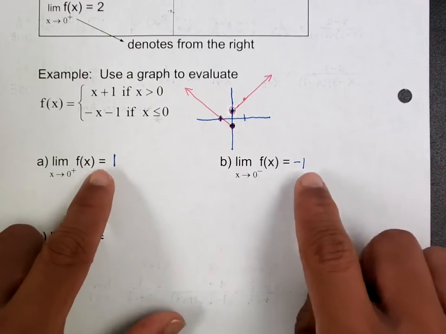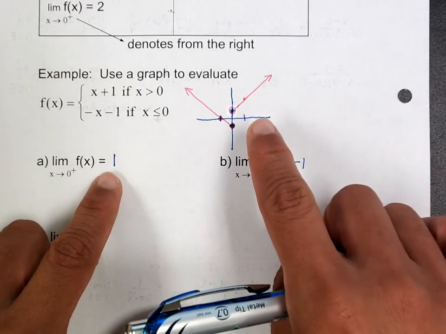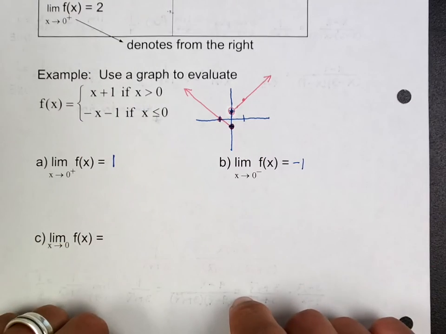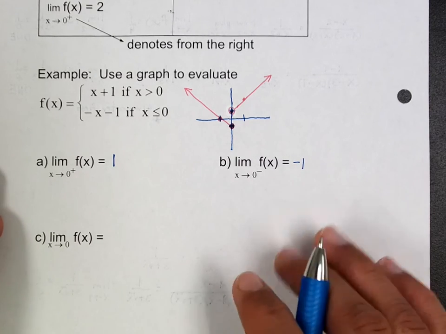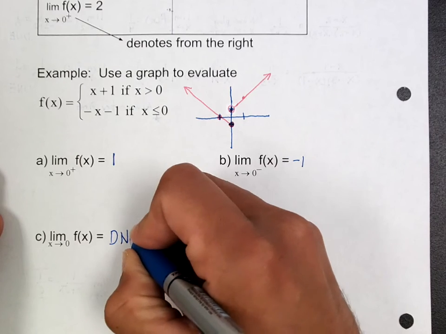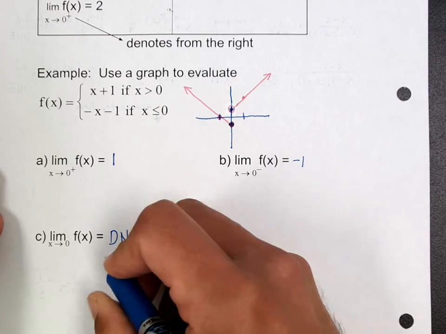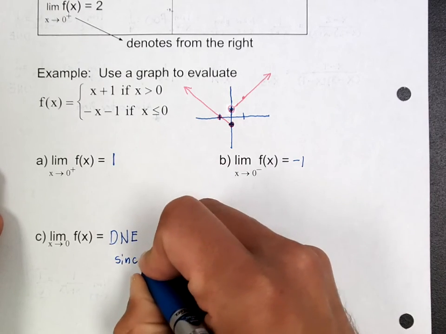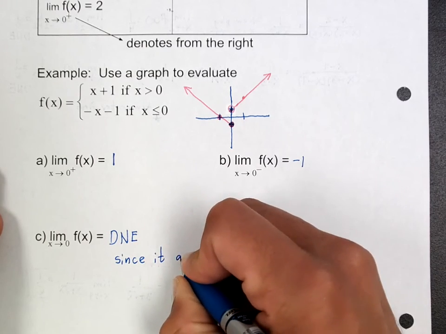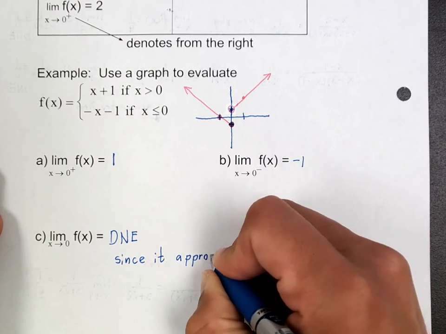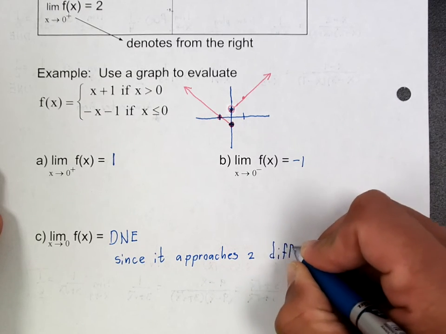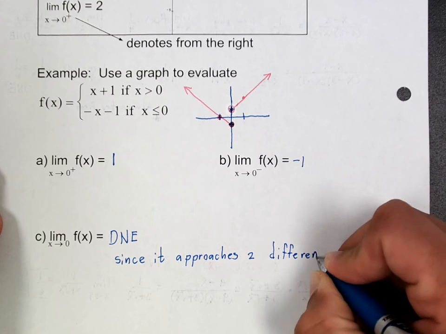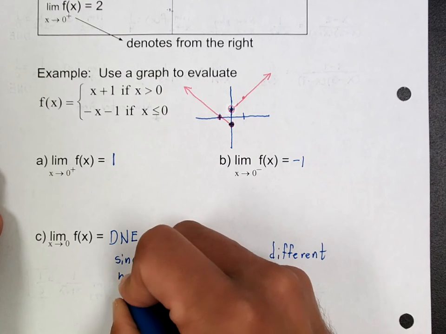Now, because we're approaching from the right side, I'm approaching 1, and from the left side, I'm approaching -1, I'm approaching two different values. So therefore, the limit as x approaches 0 of f of x does not exist. And I'll write it here for you, but I just said it since it approaches two different values or numbers.